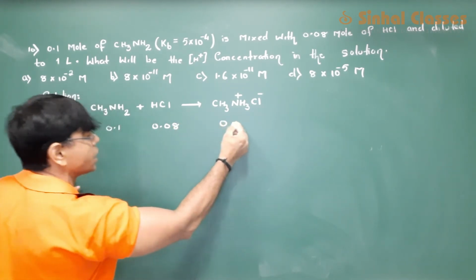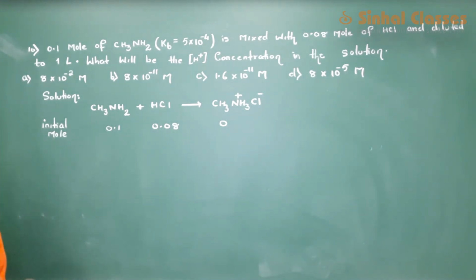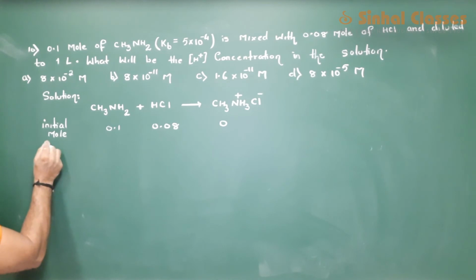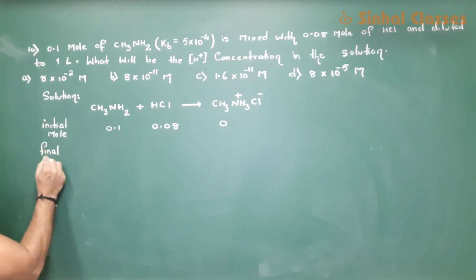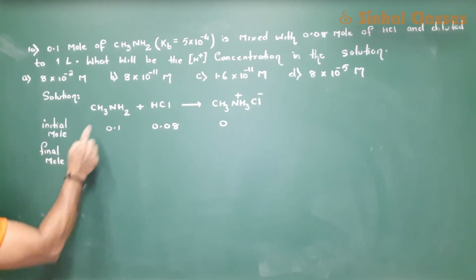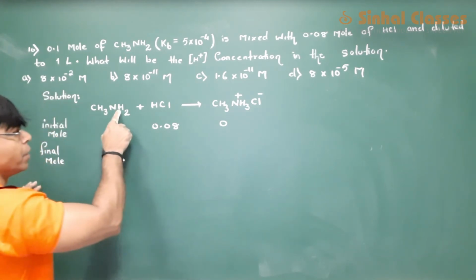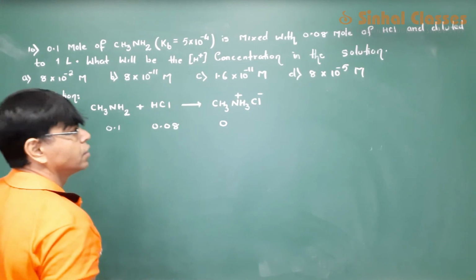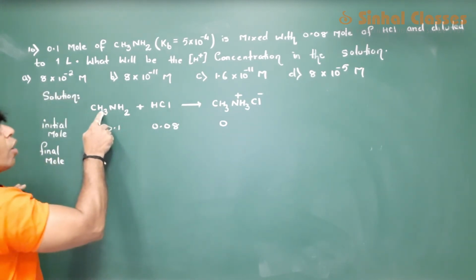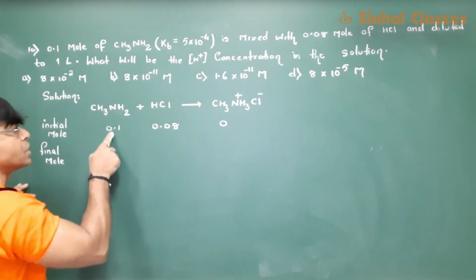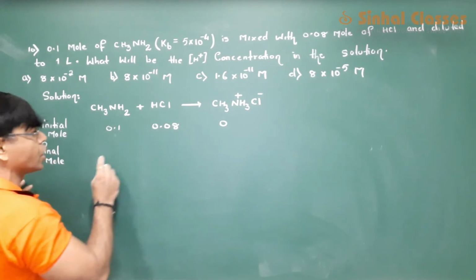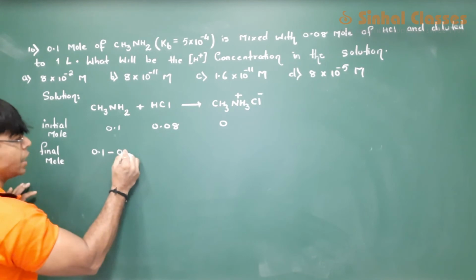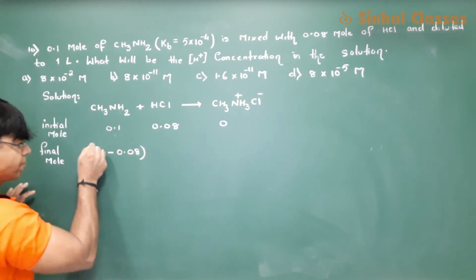Initial mole was 0 for the salt when the reaction started, but once the reaction is over, since they are in the ratio of 1:1, the mole of methylamine consumed will be 0.08. So left out will be 0.1 minus 0.08.